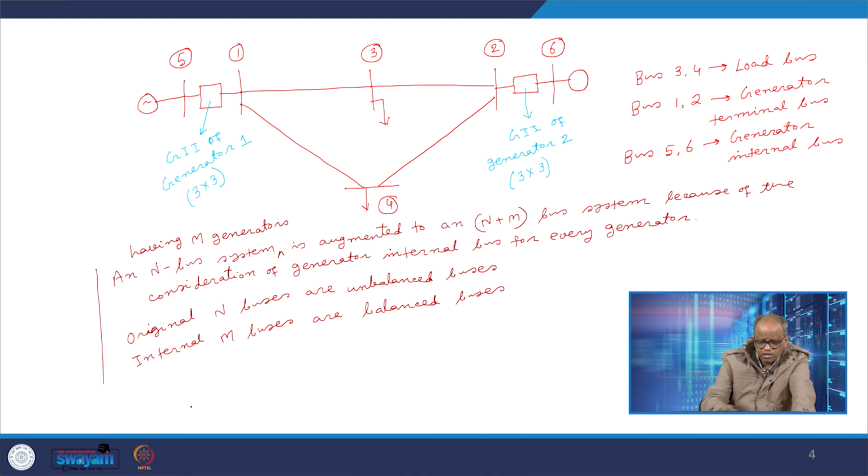Now we are ready to discuss what would be the final list of the unknown quantities in this system. Then we will discuss what the known quantities in this system are, and in the third phase we will discuss the equations connecting these known quantities to the unknown quantities of this system.